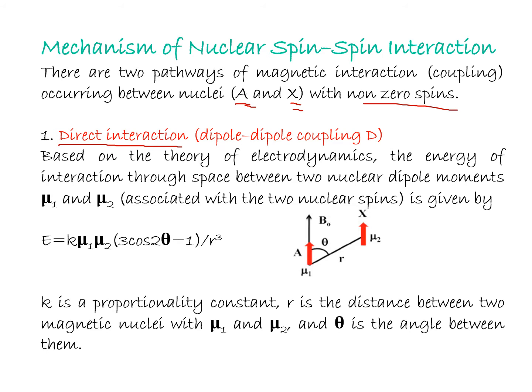Based on the theory of electrodynamics, the energy of the interaction through space between two nuclear dipole moments, mu1 and mu2, associated with two nuclear spins, is given by E equals K mu1 mu2 (3 cos²θ minus 1) divided by R to the power 3. K is a constant, R is the distance between the two magnetic nuclei, and theta is the angle between them.